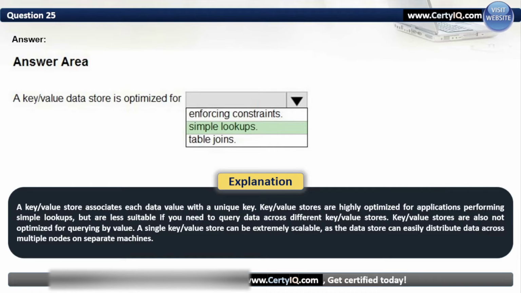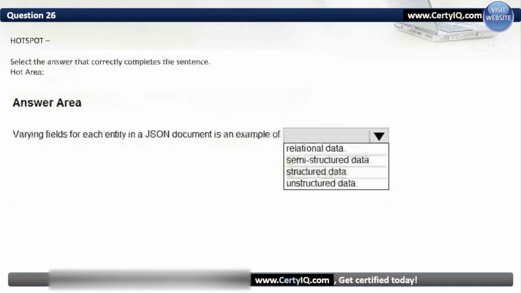Key/value stores are highly optimized for applications performing simple lookups, but are less suitable if you need to query data across different key/value stores. Key/value stores are also not optimized for querying by value. A single key/value store can be extremely scalable as the data store can easily distribute data across multiple nodes on separate machines.